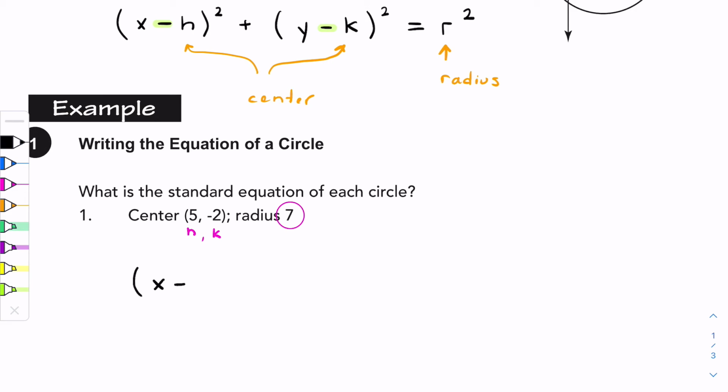Standard form is x minus h, so x minus 5 in parentheses squared plus y minus our k value, negative 2, in parentheses squared. This is going to be equal to the radius of 7 squared.